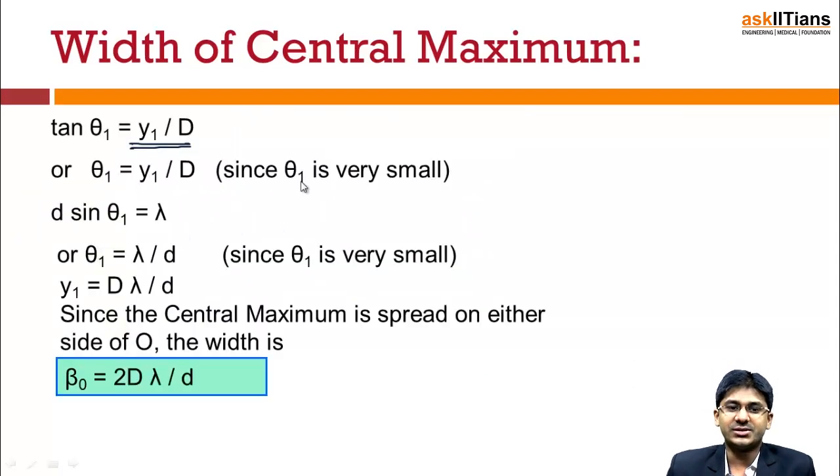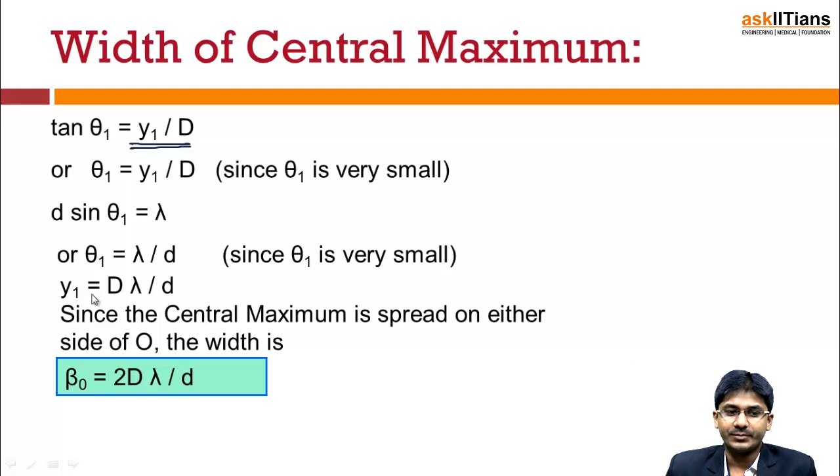Since theta 1 is very small, you can write it like this. d sin theta 1 is lambda. We saw this is the condition for minima. That means theta 1 is lambda by d, you can write it like this. So y1 is lambda D by d.